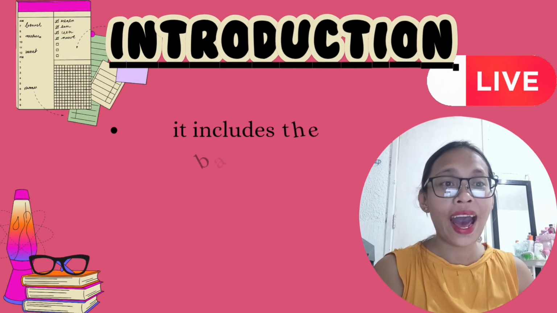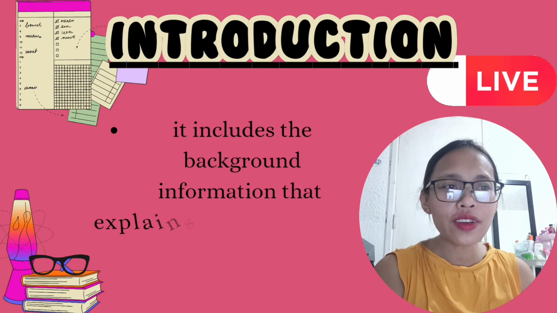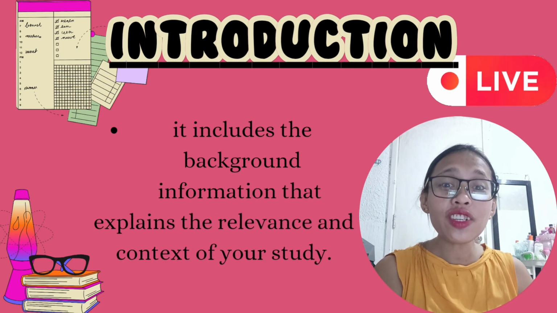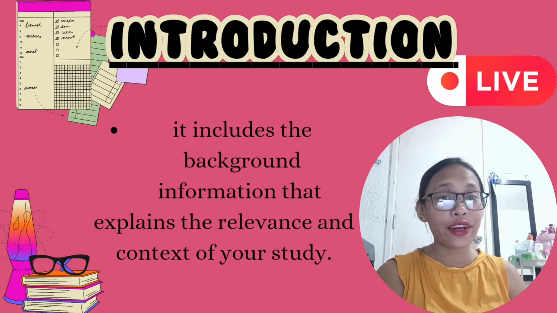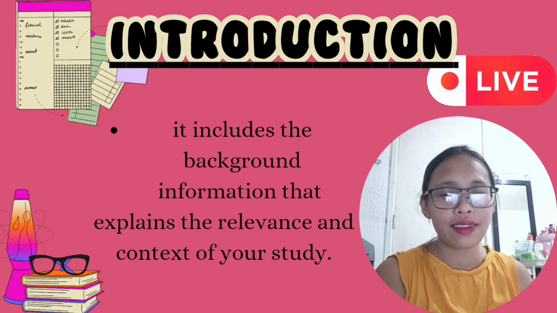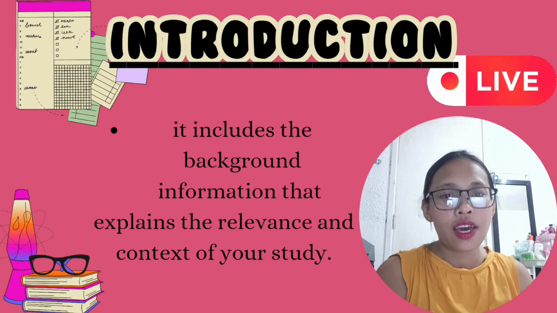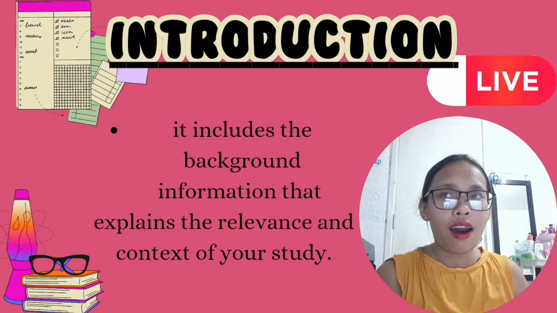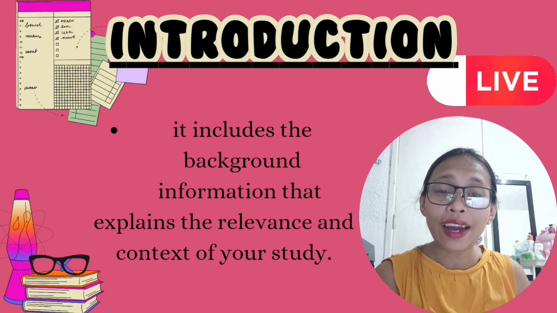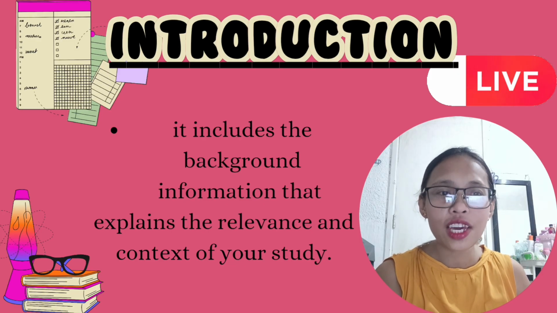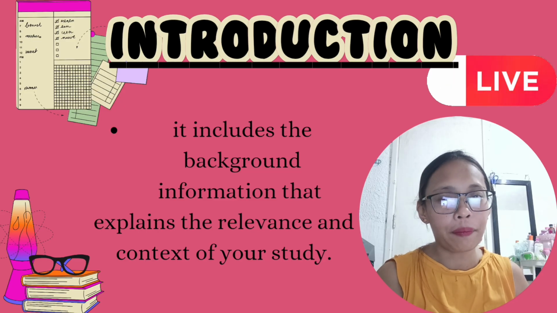Let's talk about how to write the introduction of a research paper. So, the introduction is the first part of a research paper, and it has three main purposes. First, introduce the topic. This is when you give background information so the reader understands the issue or the problem.